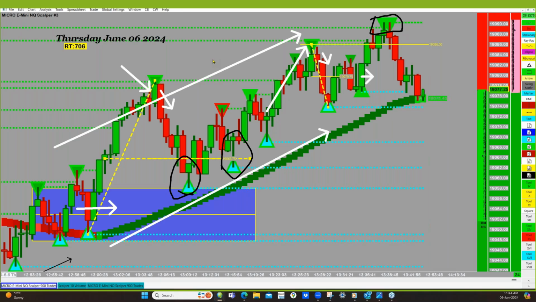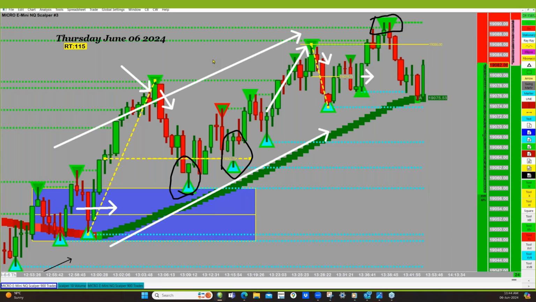So this is a micro chart, but your mini will be very, very similar. Whether you trade micros or minis, by trading micros you've reduced a little risk because, of course, you've also reduced the profit per tick, or profit per point.